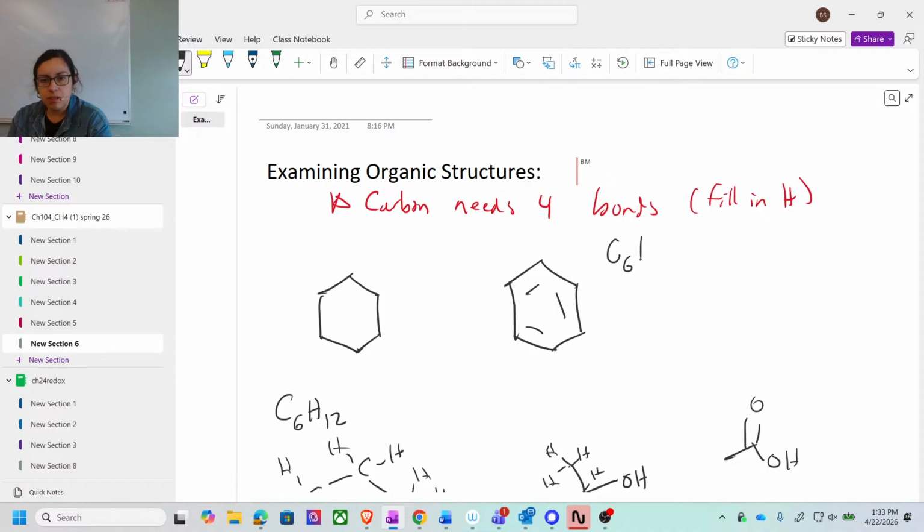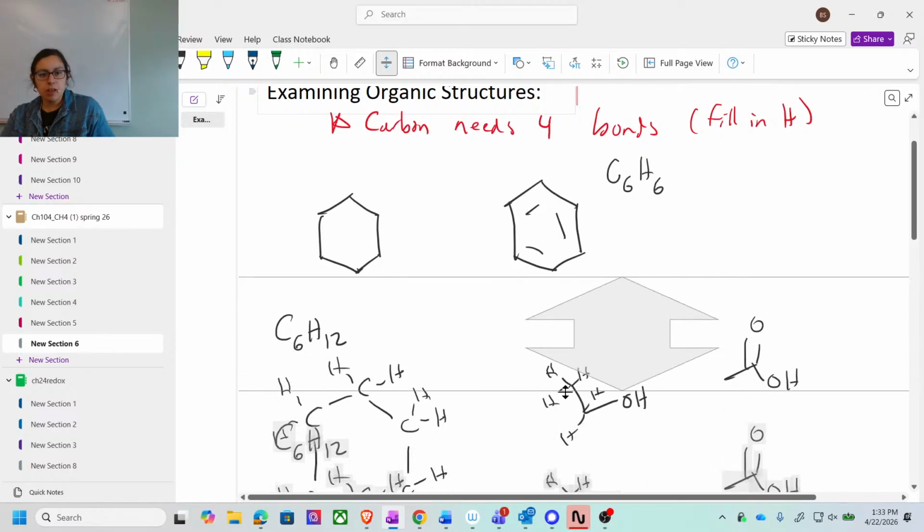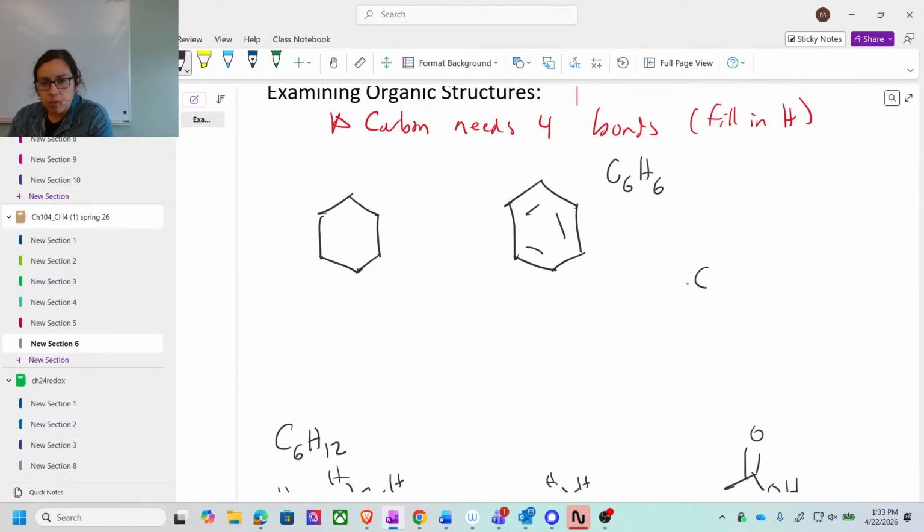Excellent. So C6H6. Again, this one could have been tricky. Maybe you want to redraw it. What's kind of weird about this is that it is called an aromatic ring. That means these electrons are actually delocalized across this whole ring system.